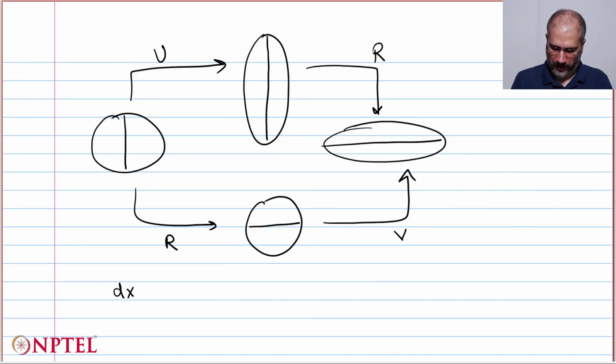So if you have an element dX, it goes to d small x prime through, let's say we're taking the upper route, through U, and then it goes to d small x through a rotation.